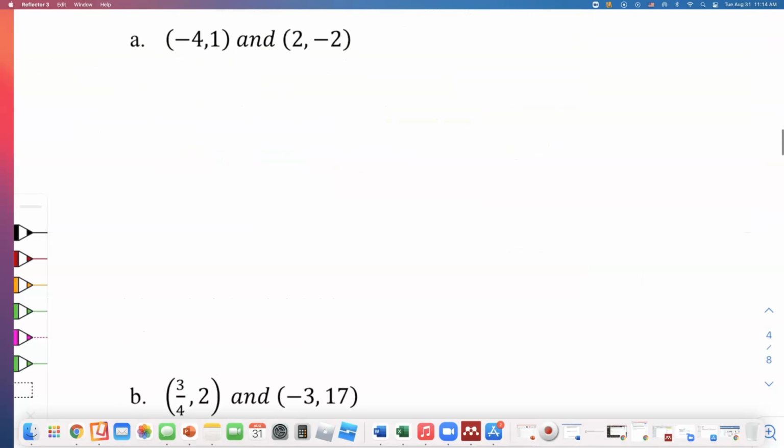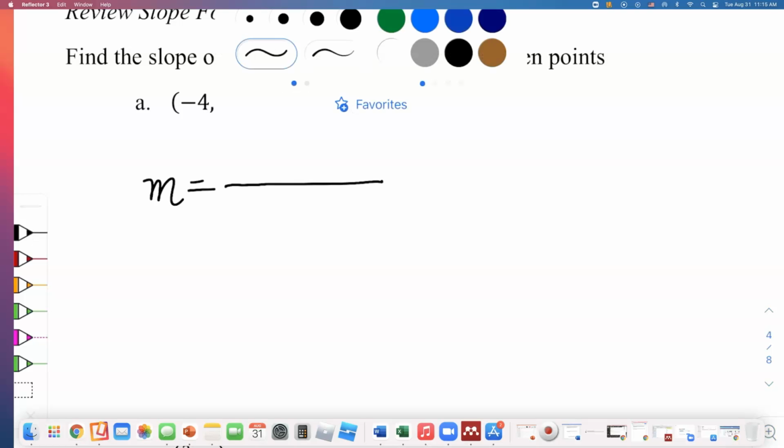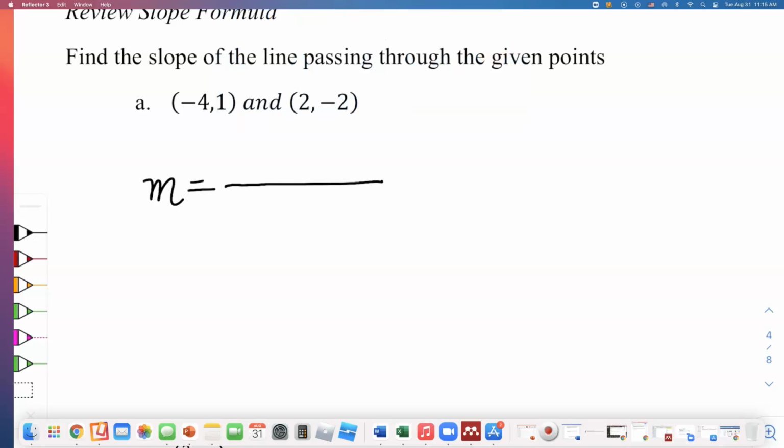Find the slope of the line passing through the given points. Here's the example. You have to subtract the y values and put it on top. Let me circle or highlight the y values. The two y values are -2 and +1.